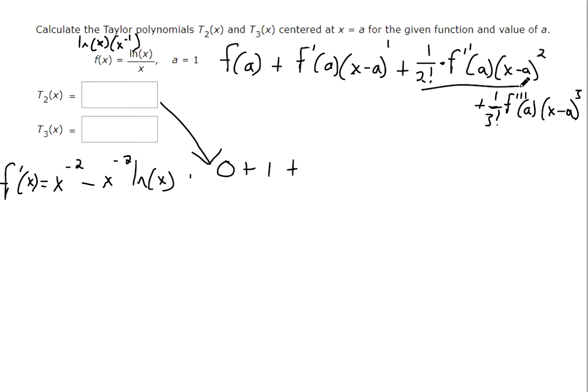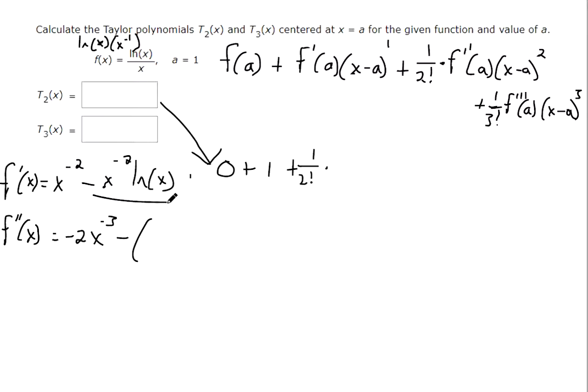And then for the second derivative, it's 1 over 2 factorial times the second derivative, which needs the product rule again. This one's nice and easy: the power just comes down and gets reduced by 1. And then here we need the product rule again. Just watch out and put parentheses there because you have to subtract everything in the product rule. So the derivative of the first function with the second kept the same, plus the first function kept the same times the derivative of the second.